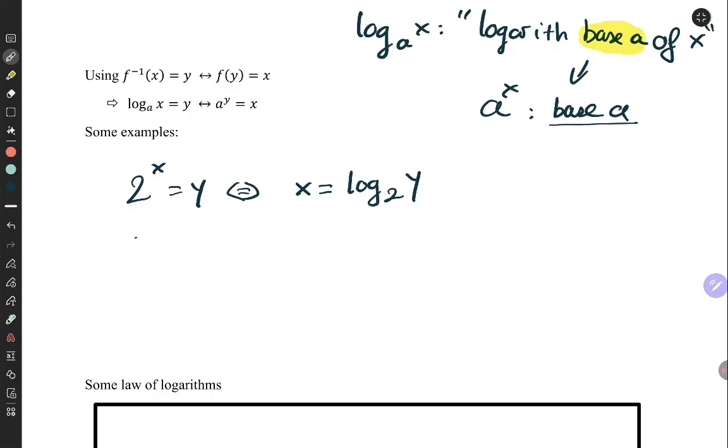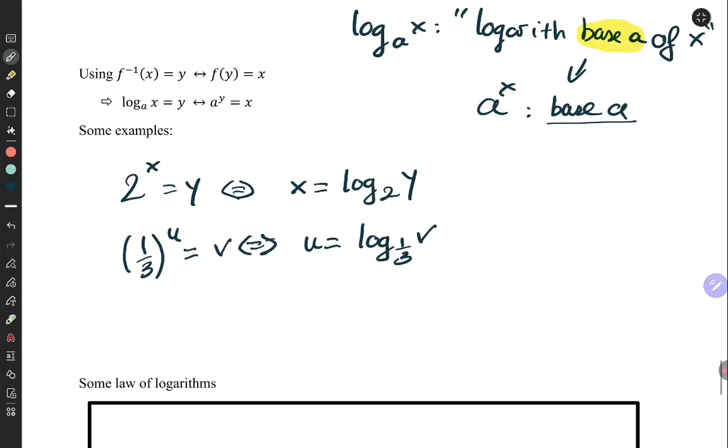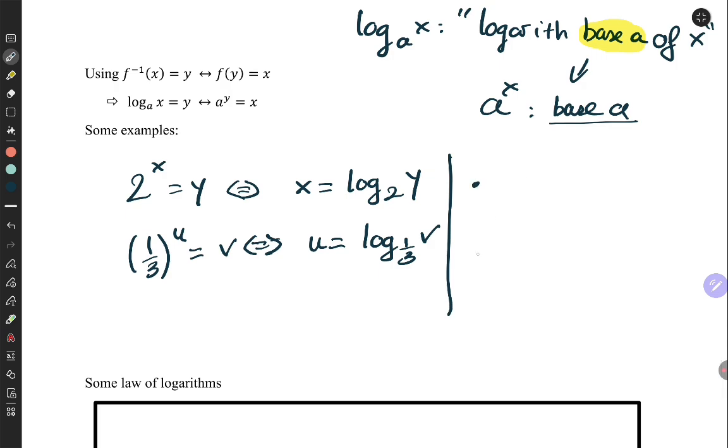A third to the power u equals v, if and only if u equals... Maybe 4 to the power negative q equals p.